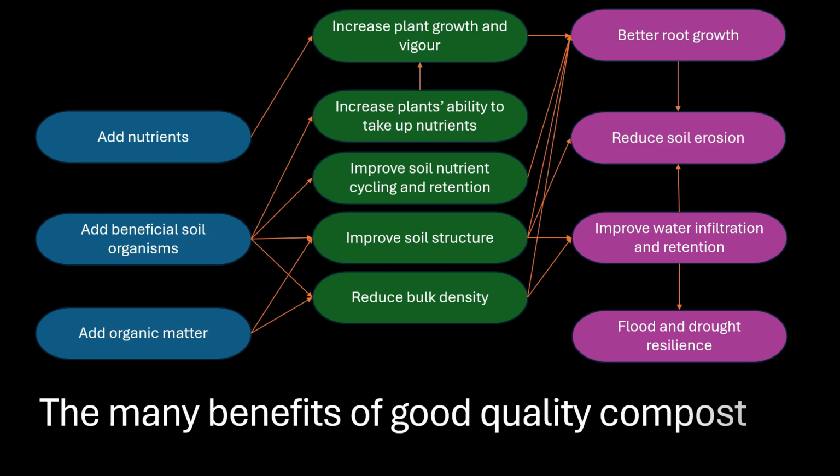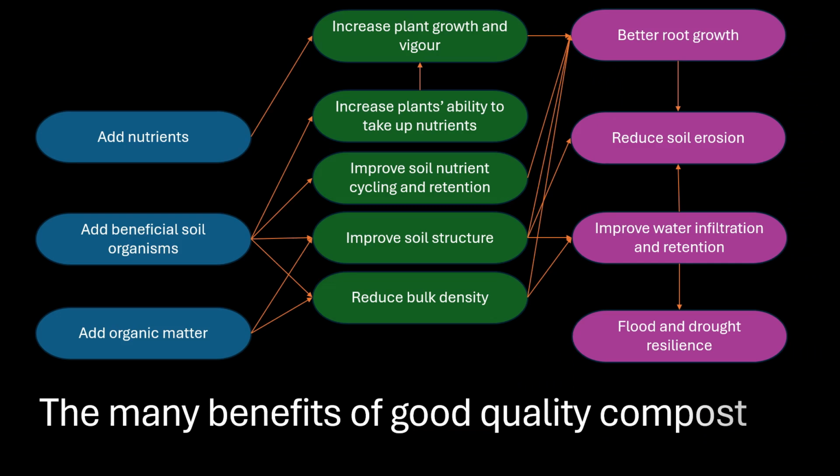It's not a magic bullet, it's not the answer to everything, but it does cover a lot of bases. Because when you add a good quality compost, you're adding nutrients, soil organisms, and organic matter at the same time. And so that has the direct benefit of fertilizing, but you're also increasing your plant's ability to take up those nutrients, improving soil nutrient cycling and soil structure, and reducing bulk density.